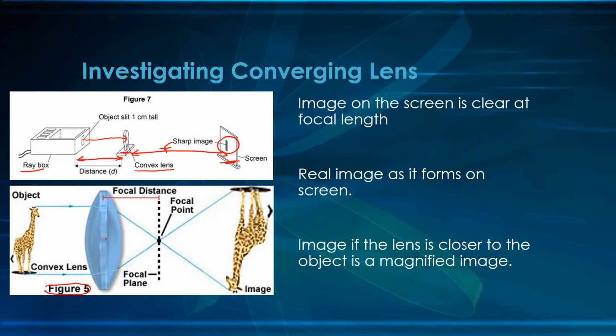Now if you move the lens so it's closer to that object than its focal point, so instead of the lens being here, we've moved it to here, we can see that the light rays cross over. When those light rays cross over, that means that our image is larger, so we've magnified it. It will also appear upside down because of this crossover of the light rays.